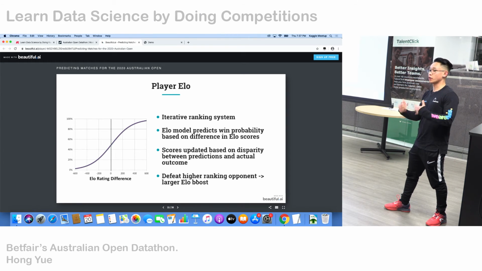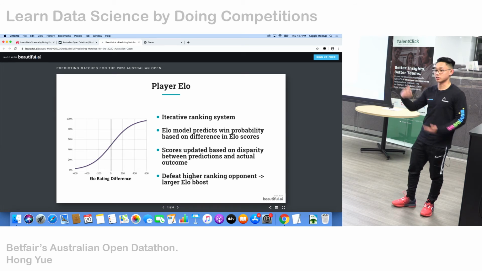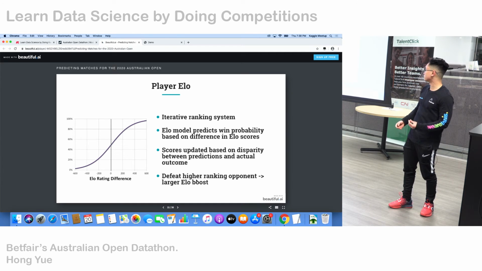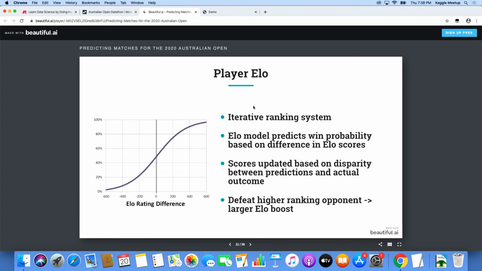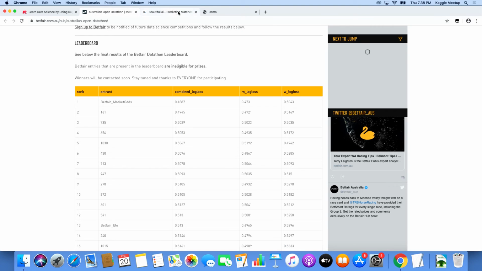If you, as an underdog, win a match against a much higher ranked opponent, then the elo boost that you get will be much larger than defeating someone who's lower ranked than you. There's a formula to calculate this, but I'm not going to go into detail about that.